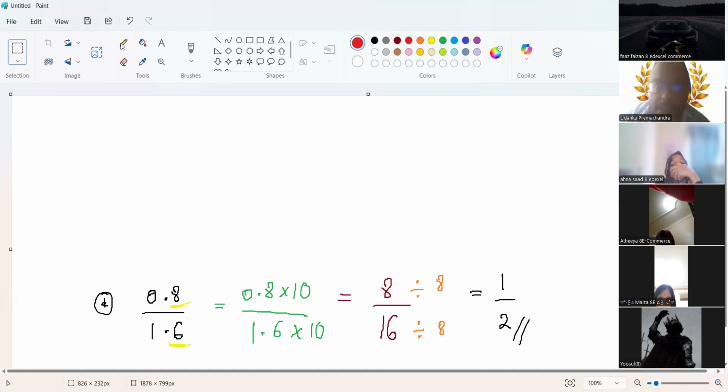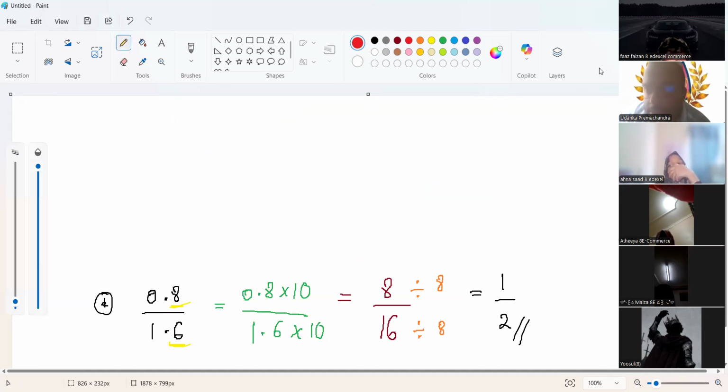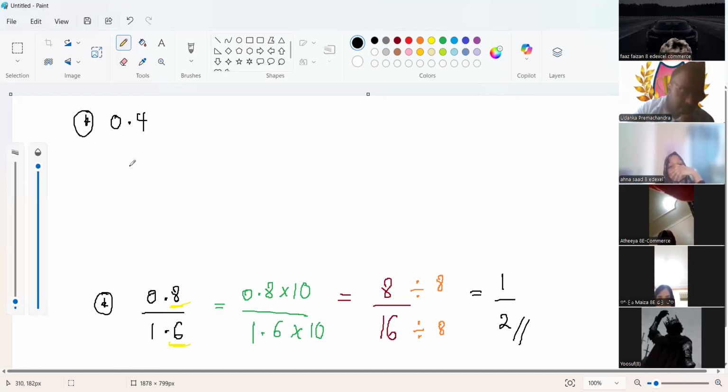Sometimes they give 0.4. How do you simplify that? 0.4 means actually what?